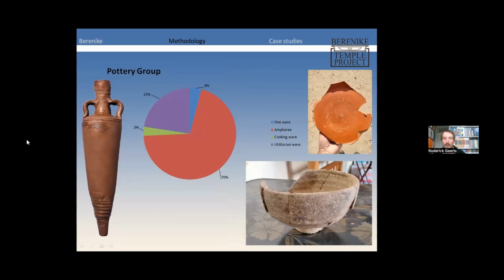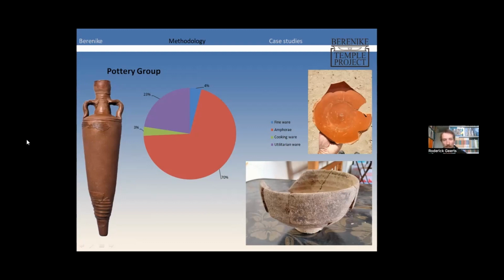Every pottery group includes ceramics that have been produced in a similar way with similar finishes and roughly the same repertoire of shapes, which is of course quite clear for the amphorae, but also for the fine wares, those are mostly smoothly finished tablewares like the plates you see there, or cups. So this first tier of analysis is actually quite easy to make for most of the sherds.